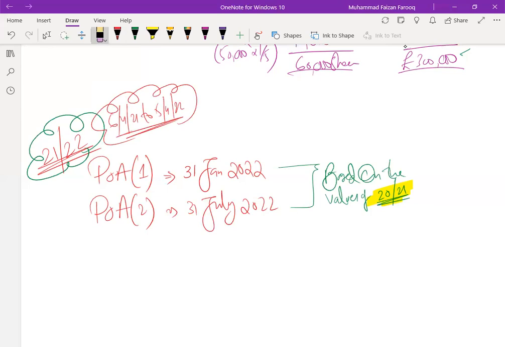On what basis? To solve this problem, the tax authority says, don't worry. Not only for one, for POA 1 and POA 2, you will be calculating the amount based on the previous tax year.